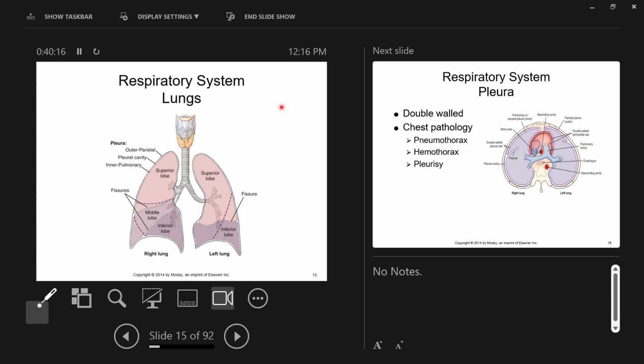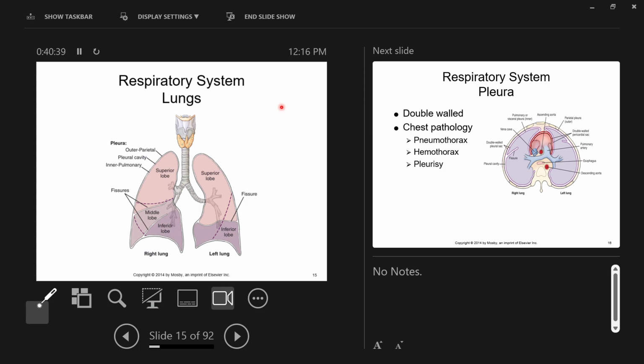That's the outside of the lung. It's slippery and smooth. And then attached to the inside wall of the thorax, we have what's called the parietal pleura. So a layer attached to the inside of the chest and a layer attached to the outside of the lungs. Between those layers is a space filled with mucousy, slippery stuff, called the pleural space.